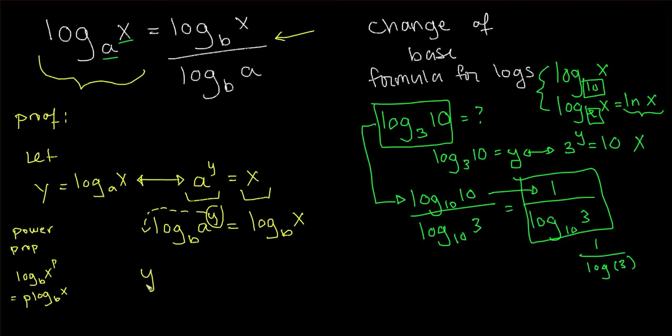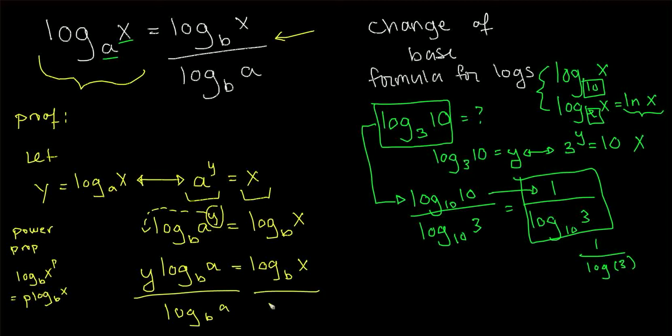So the next line will be y times log base b of a equals log base b of x. Then if we divide both sides by log base b of a, what we get is exactly what we wanted.